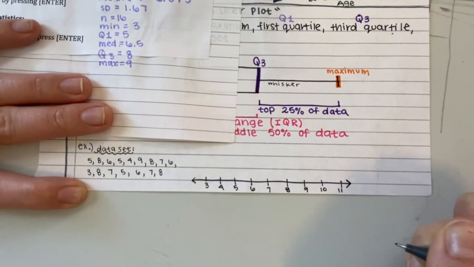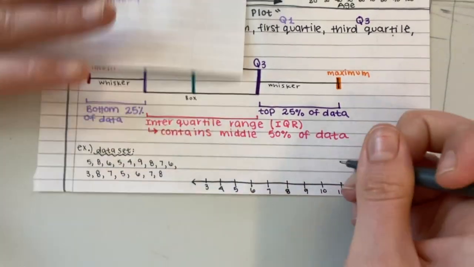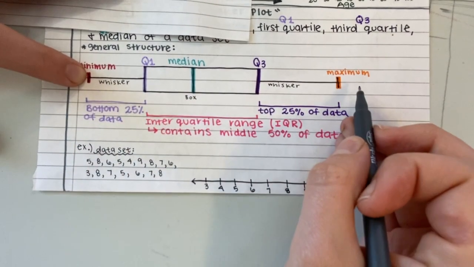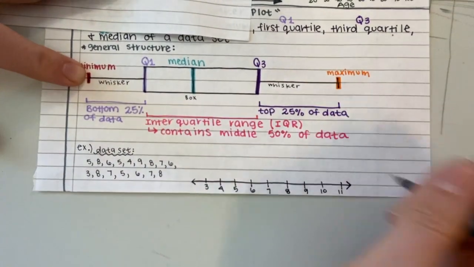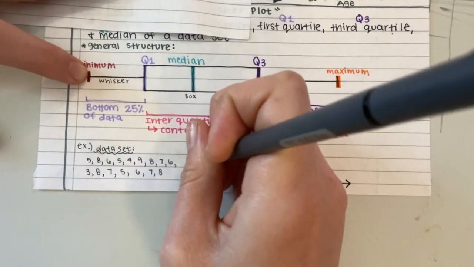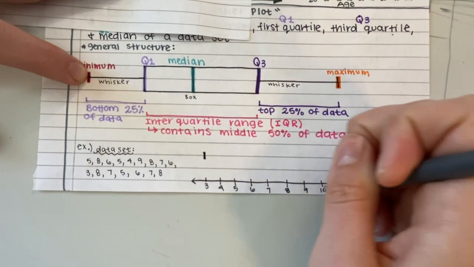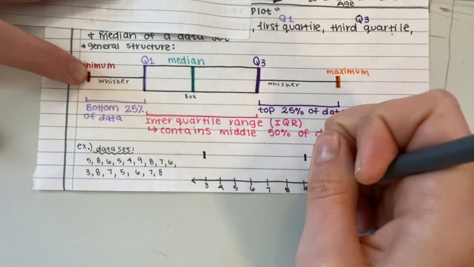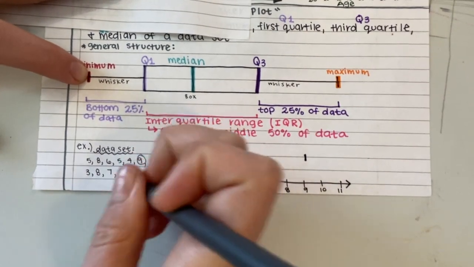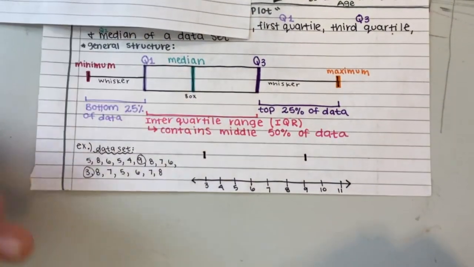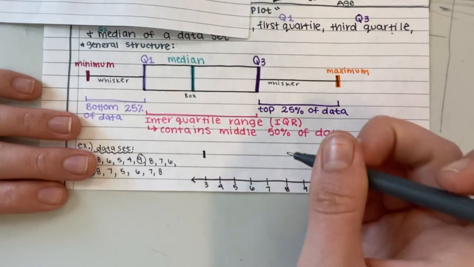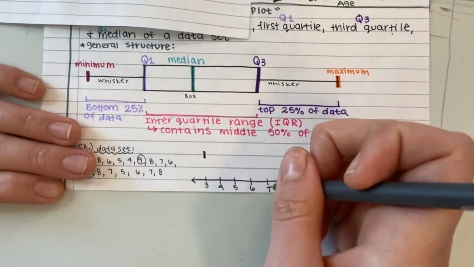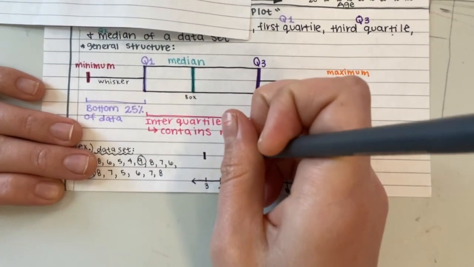But what I'm going to do now is create my box plot. I know that the ends of my whiskers are my minimum and my maximum, which we said were 3 and 9, which I can see in my data set, right? I know that quartile 1 ends at 5.